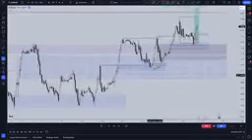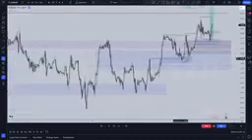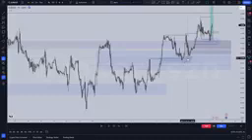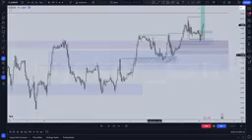So again, quick summary, we have used this H4 balanced price range. We have the sell-side and buy-side lows, so we don't expect those lows to be raided again, right? Although we have the Monday range play, right? We say if we have a bullish week and we want to play the Monday range, then we want to buy below Monday's lows.